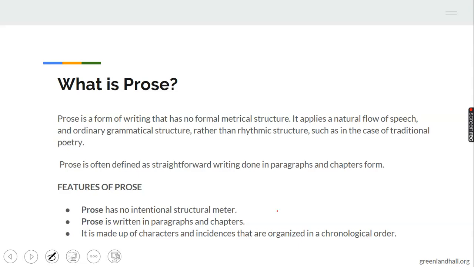And I told you last class that figures of speech are the most important elements of literature because they make literature different from other writings. The only thing that differentiates literary works from other works is figures of speech. That is what makes literature unique and stand out.